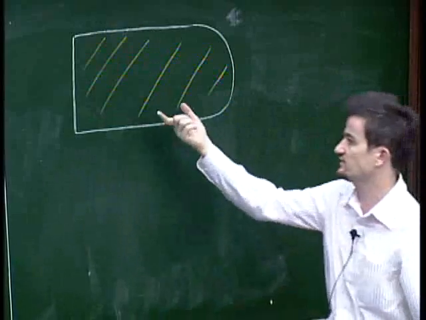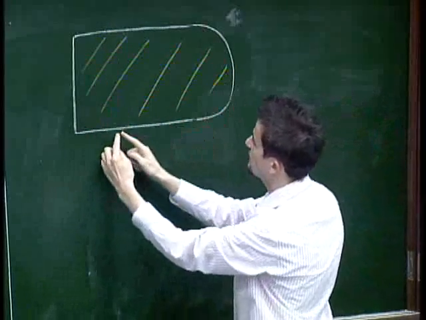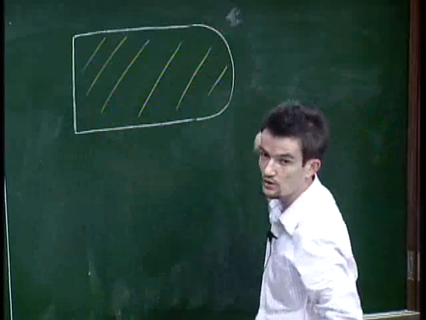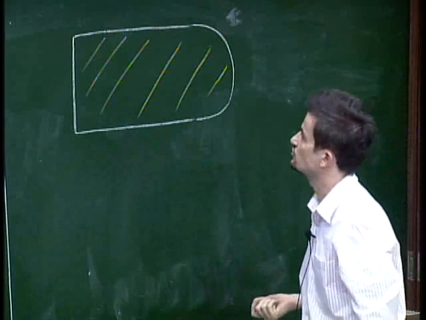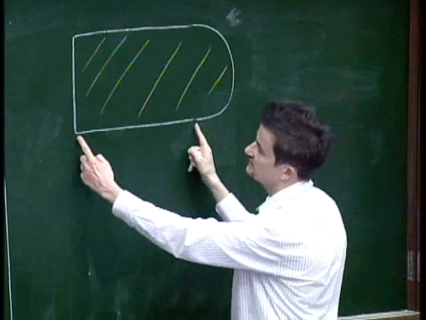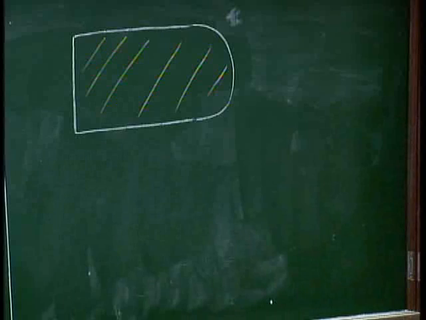And as you make those two lengths smaller, the semicircle will grow. So the question is, how to choose this length here in order that the area which is enclosed by the fencing is a maximum.